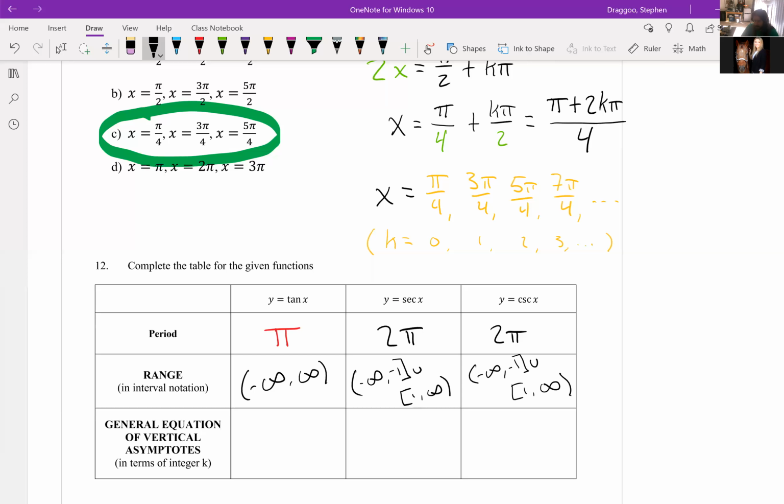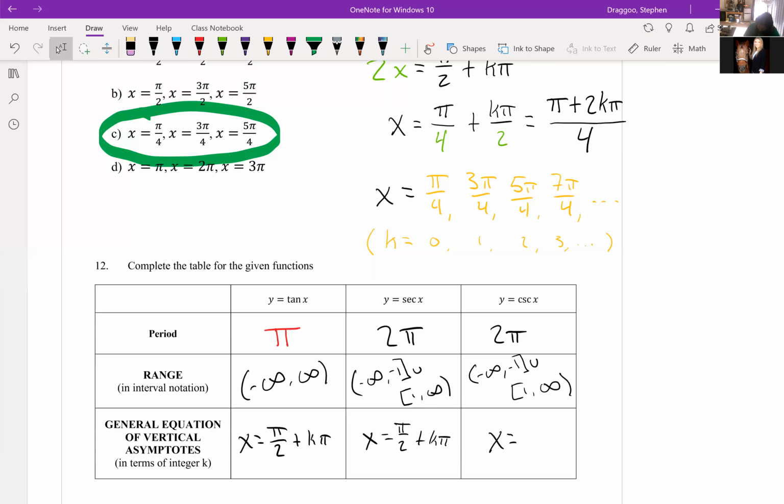Got just enough space to fit all that in. And then I want the general equation for asymptotes. For tangent, x equals pi over 2 plus k pi. Same with secants, pi over 2 plus k pi.